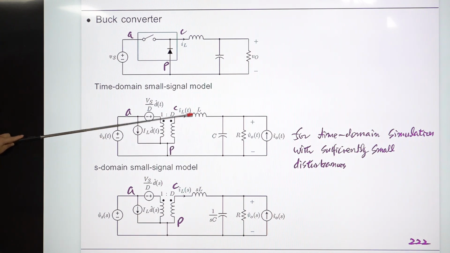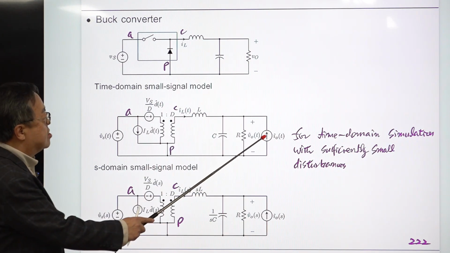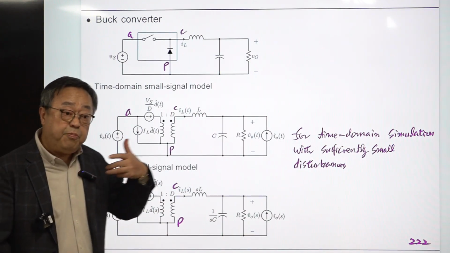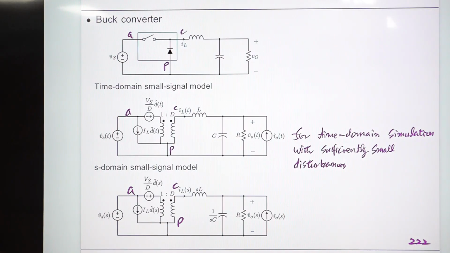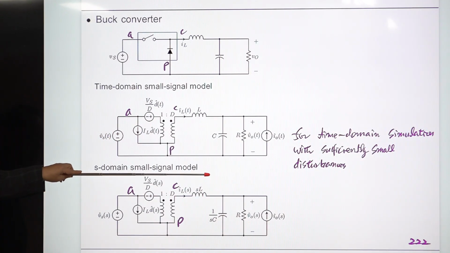All right. Maybe this model might be good for time domain simulations when this disturbance here is very small, so it doesn't perturb the DC bias point much. Then this will be used to simulate the time domain response. But the more useful, more informative, more valuable form is this one, the S domain model.